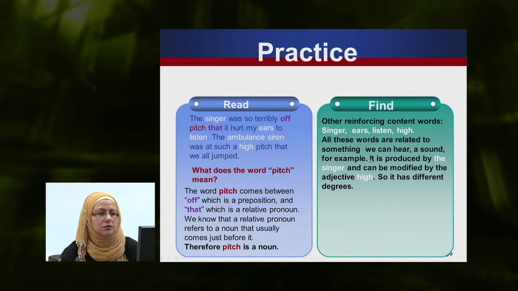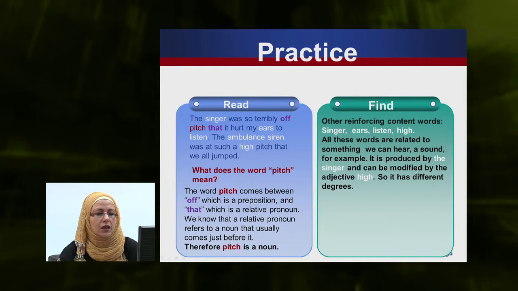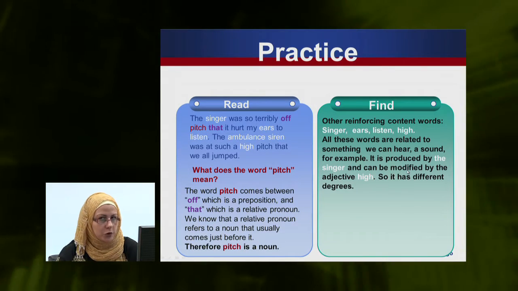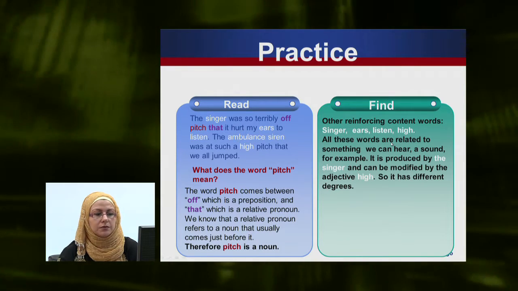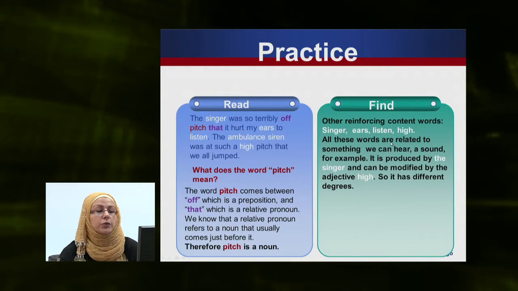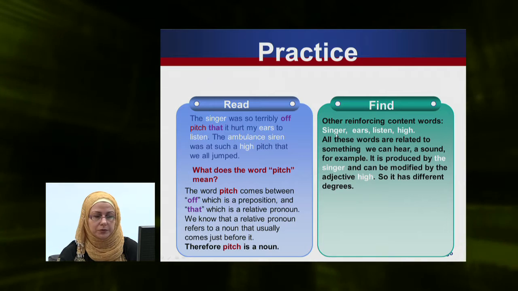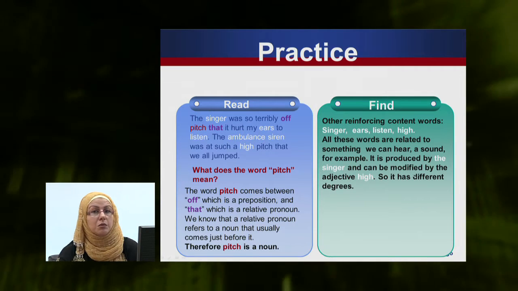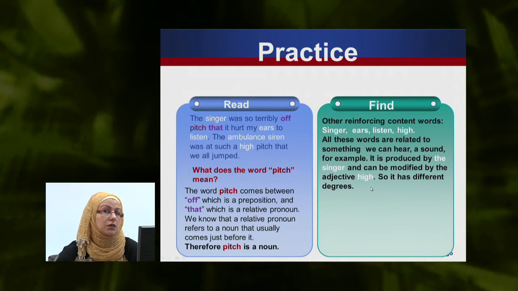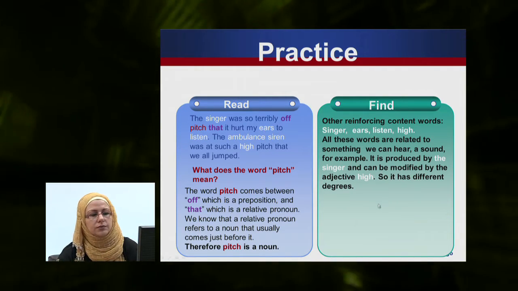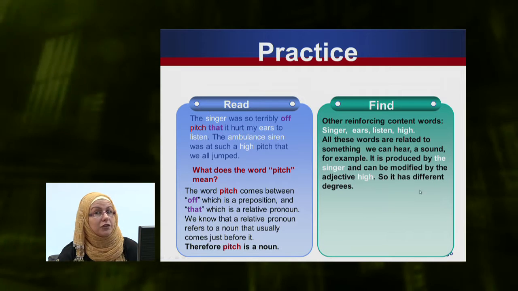A sound, for example. What do we have so far? Thanks to these content words, it is something produced by the singer. It can be modified by the adjective high, so something that can be high or low. So it has different degrees.